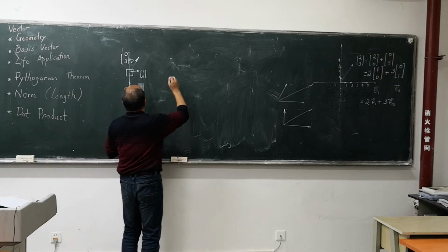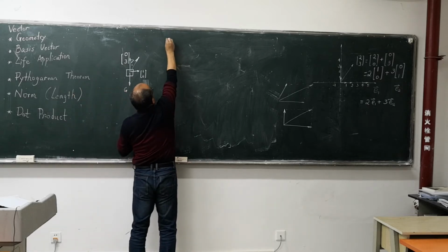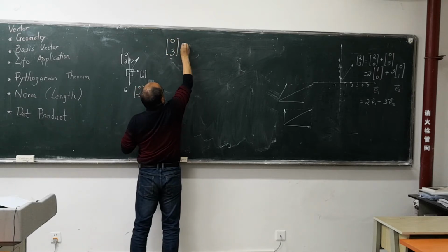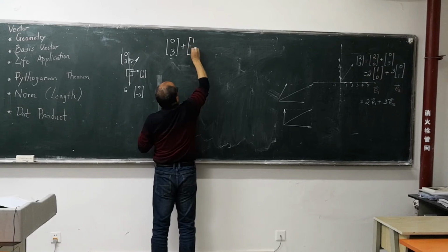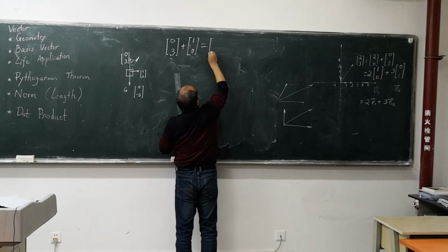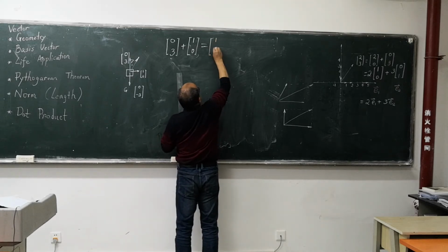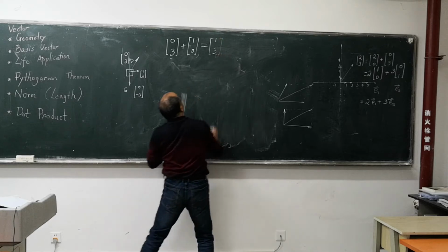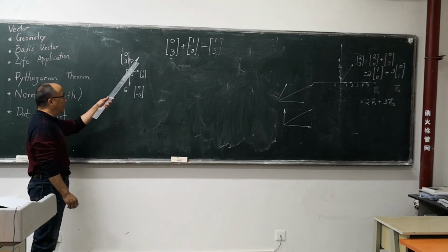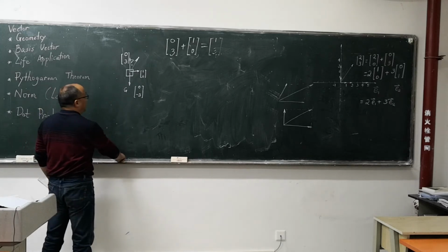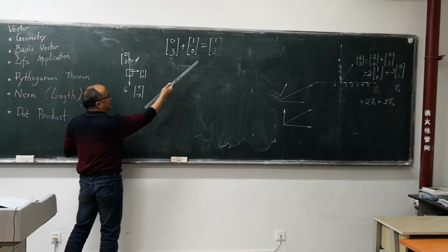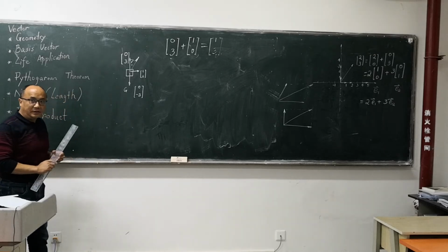So there are two components, 0, 3 plus 1, 0. So what's the result? 1, 3. Yeah. It is a 1, 3, okay? So the helicopter dragging it is the force.